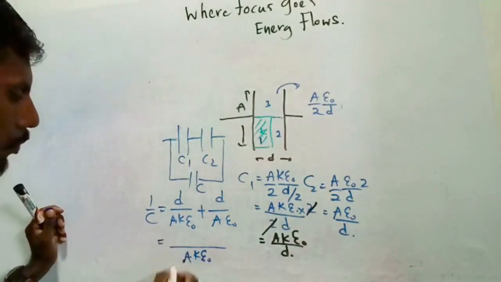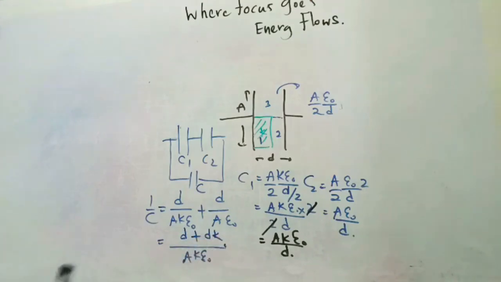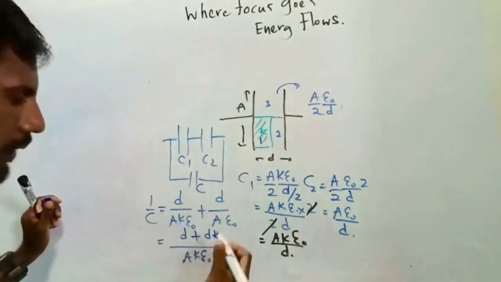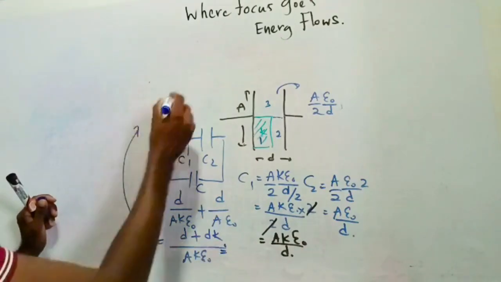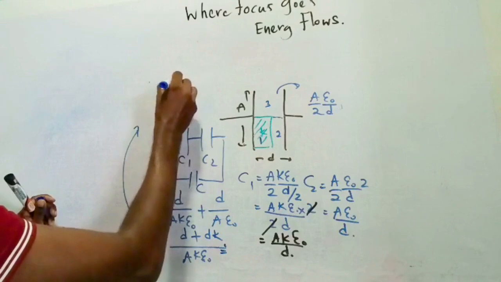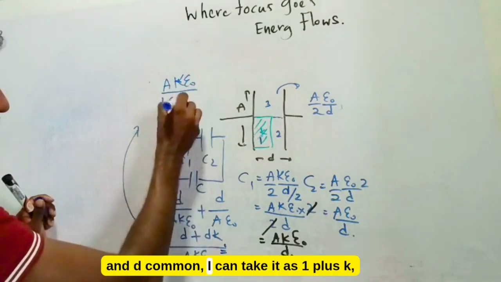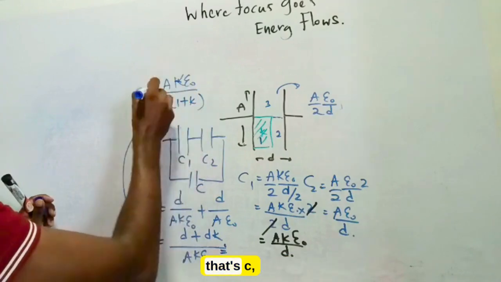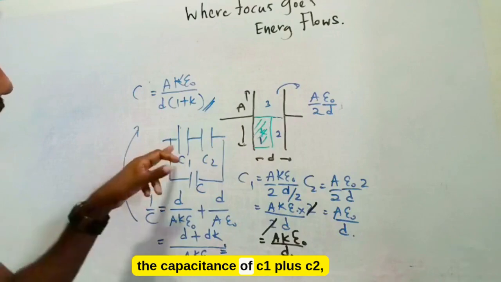Up here we have D, and here we have D K. Let's take the reciprocal. A K epsilon naught goes up, and D common, I can take it as 1 plus K. That's C. So we have the capacitance of C1 plus C2.